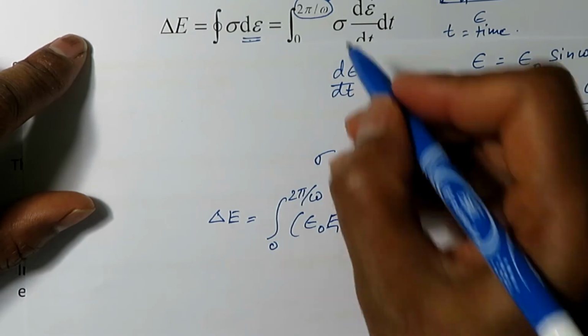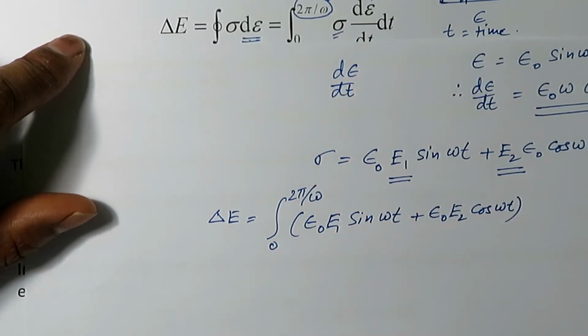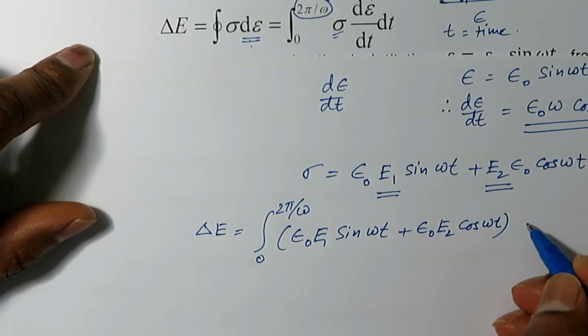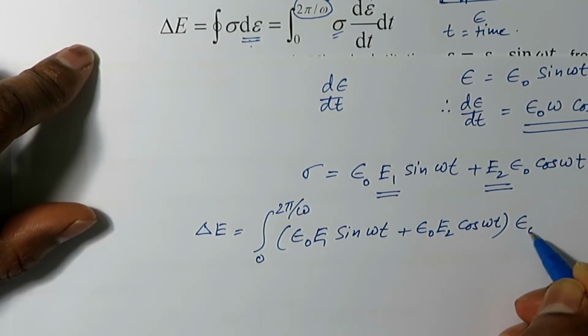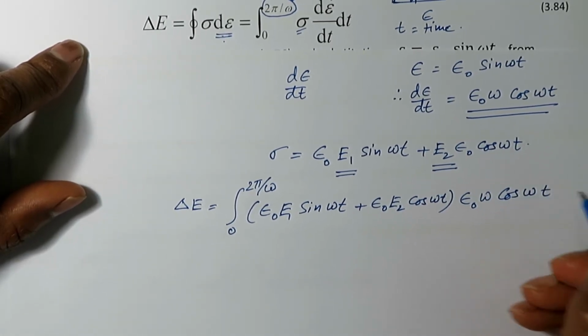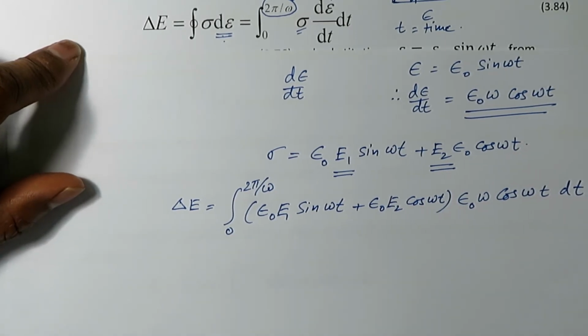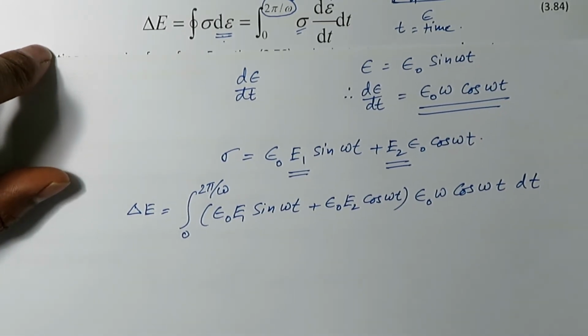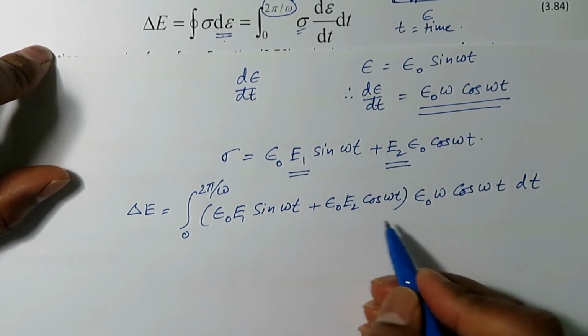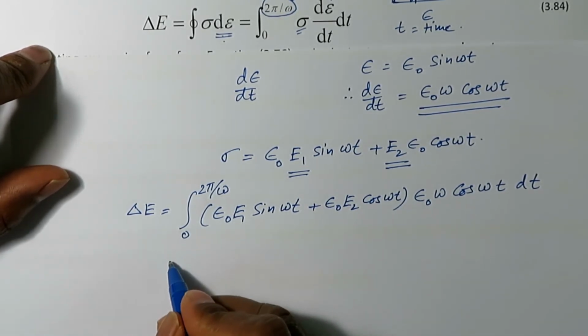So this expression is for sigma, and for d epsilon over dt we can write, and then dt. So now this equation we can further write it.